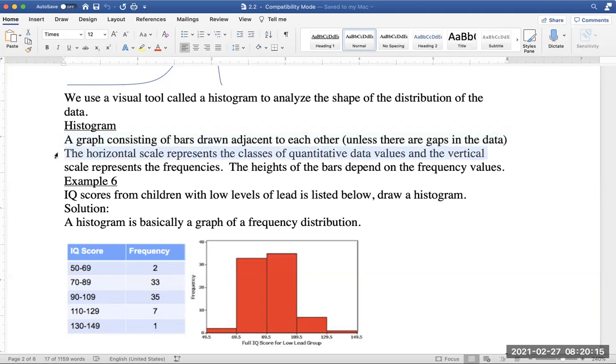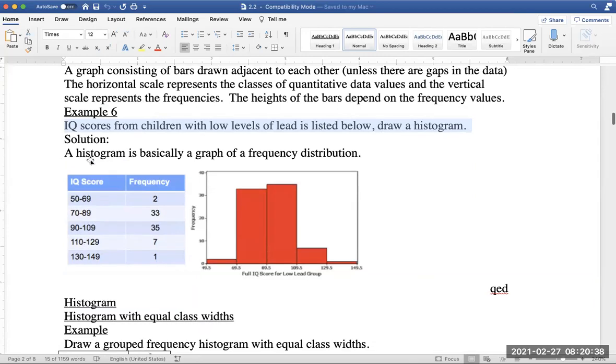The horizontal scale represents the classes of the data values, and the vertical scale will represent the frequencies. IQ scores from children with low levels of lead are listed below. Let's draw the corresponding histogram.